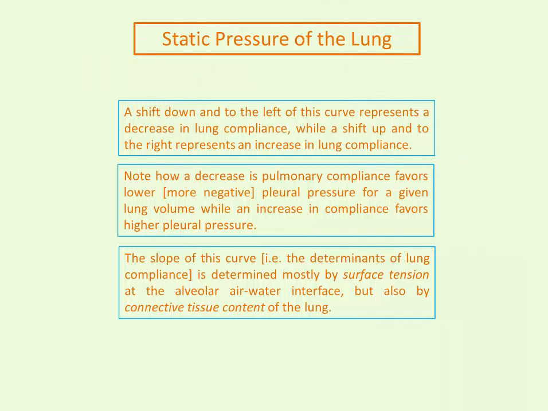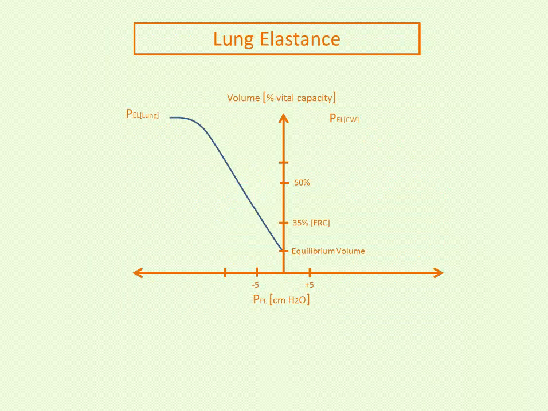So you can imagine a patient with bad pulmonary fibrosis, and the lung is very fibrotic and poorly distensible, that you have a poorly compliant lung. It shifts down and to the left. Or if you have a waterlogged lung full of fluid with frank alveolar edema, that tends to impair surfactant and impair surface tension, then that will also shift the pulmonary elastance curve down and to the left. So picture different disease states that you frequently see in the intensive care unit and how it applies to this pulmonary elastance curve.